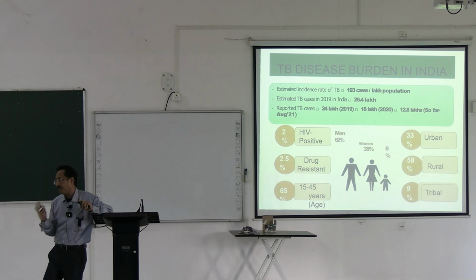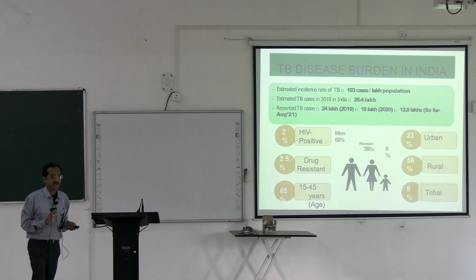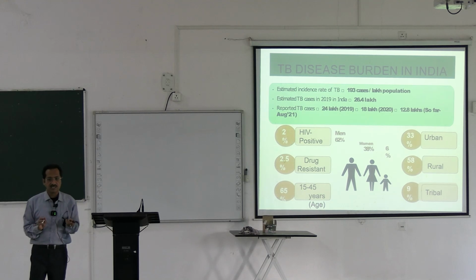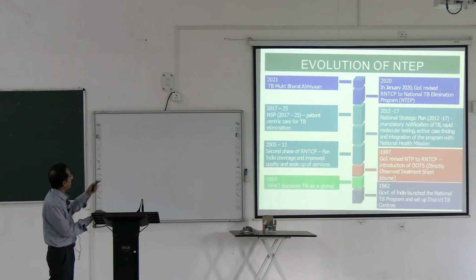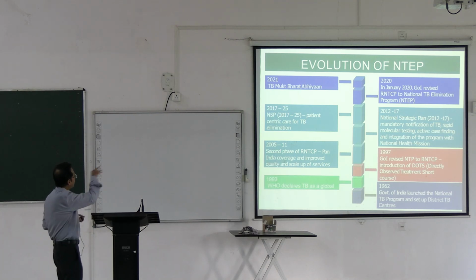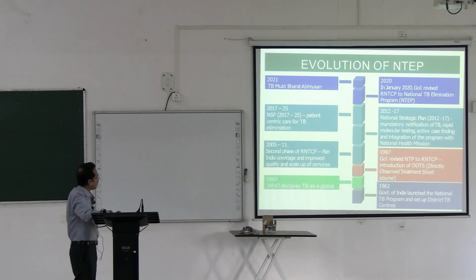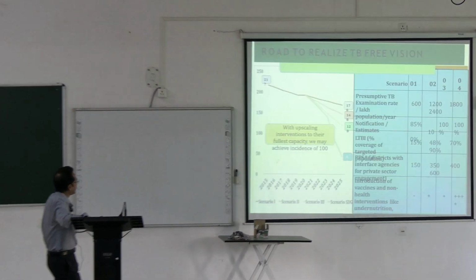So HIV-TB co-infection is an important part in the National Tuberculosis Elimination Program. So these are the evolution of NTP. Now from 2021, it is the National Tuberculosis Eradication Program. This we will also read in community medicine.